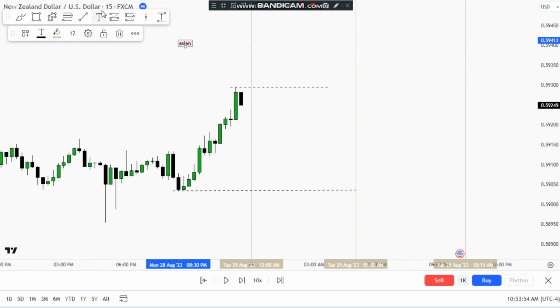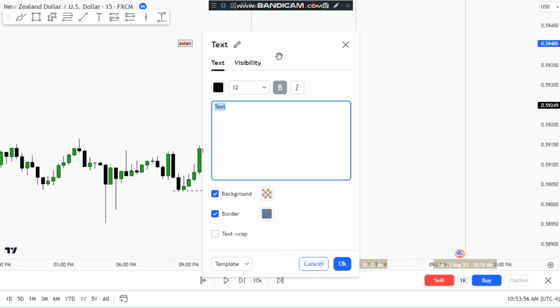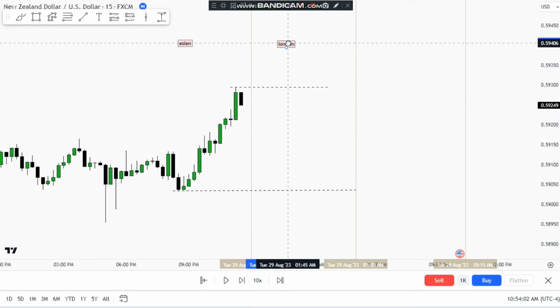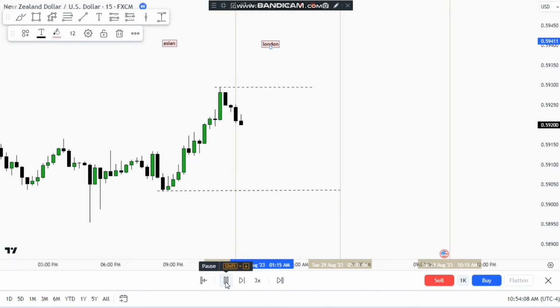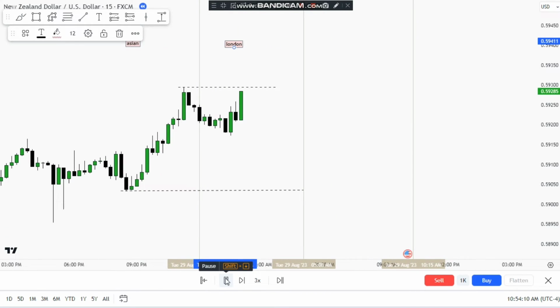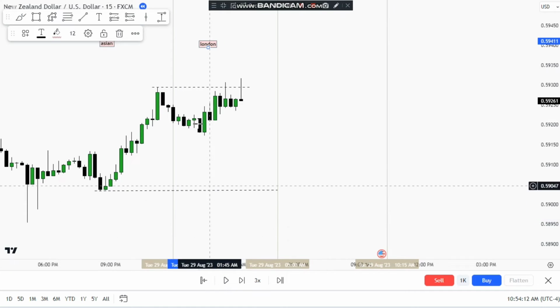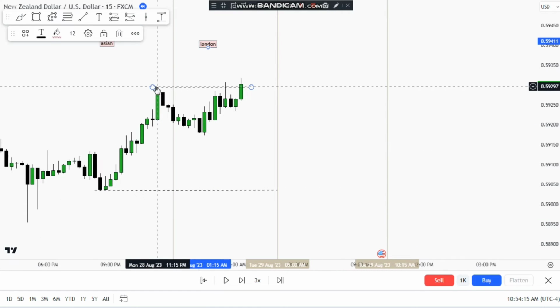Now the price will enter in this London kill zone. Okay, so let's see what happens. I will slow it down a bit. Okay, so the price has entered into the London kill zone, and you can see that it swept the Asian high.